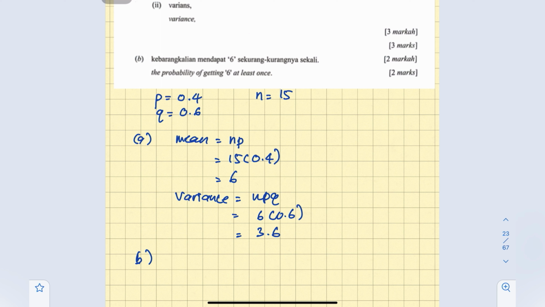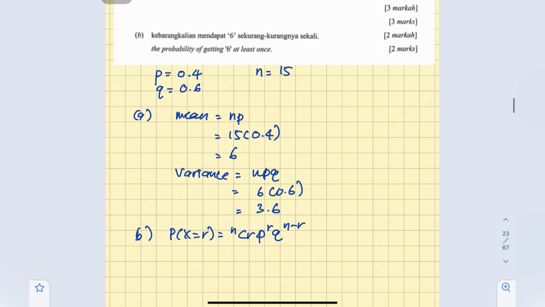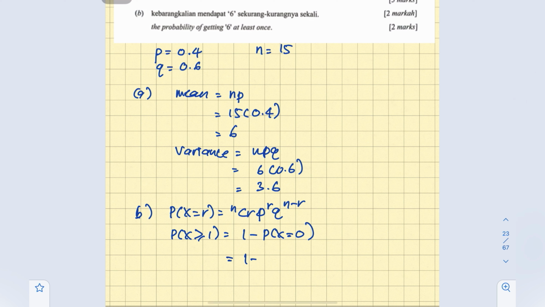This is actually the binomial distribution because it is discrete. The formula of binomial is P(X = r) equals nCr p to the power of r, q to the power of n − r. They want the probability of getting 6 at least once, so P(X ≥ 1). It is difficult to calculate because there are too many terms, so we use 1 − P(X = 0). So this is 1 − 15C0 times 0.4 to the power of 0 times 0.6 to the power of 15 − 0, which is 15. Then we get 0.9995.